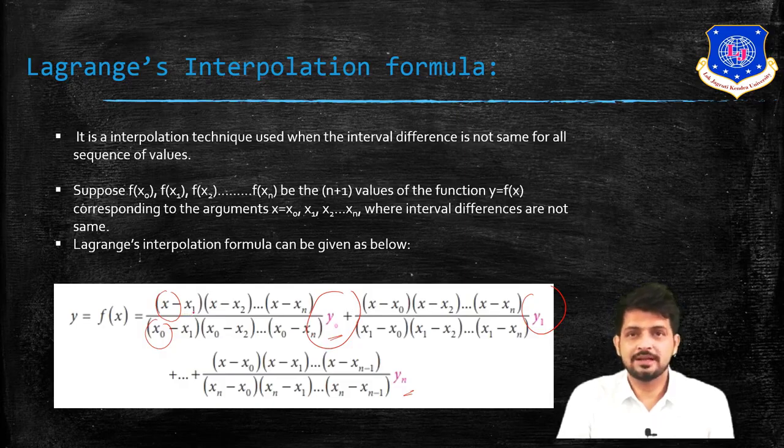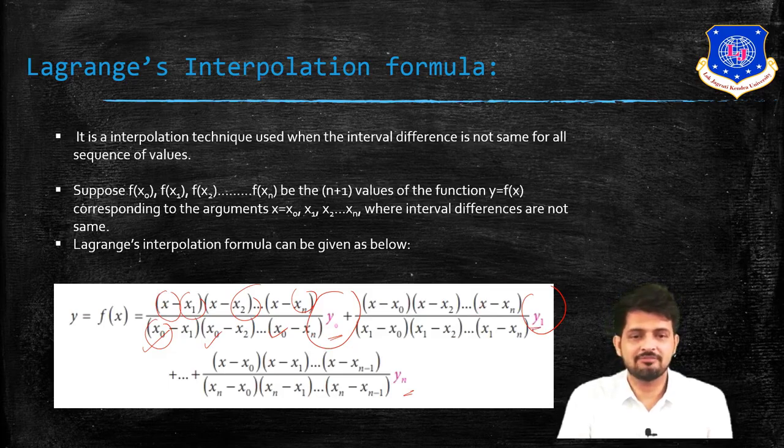You have to neglect x0. So you have to subtract x1 from x, x2 from x and xn from x, and in the denominator we have to subtract the same values from x0. Here we have subtracted from x0 because we are writing for the y0 term.